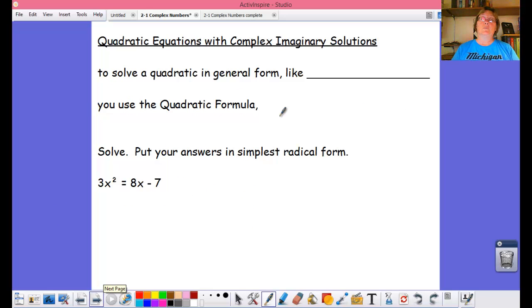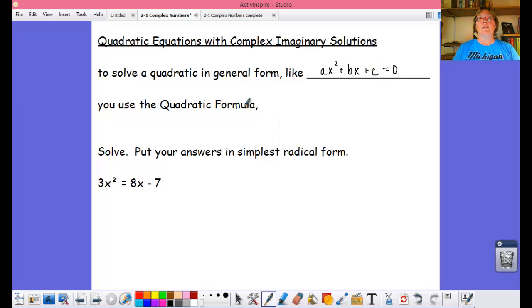Okay, our goal, or part of our goal, is to be able to use those complex imaginary numbers to help us solve polynomial equations. Today we're going to talk specifically about quadratic equations, but you can also use them with any polynomial equation. A quadratic in general form, you will remember, has an equation like this: ax squared plus bx plus c equals 0.